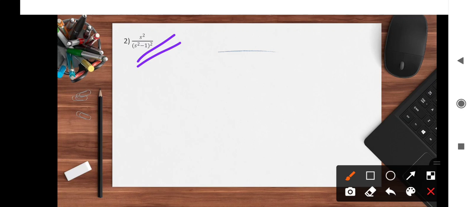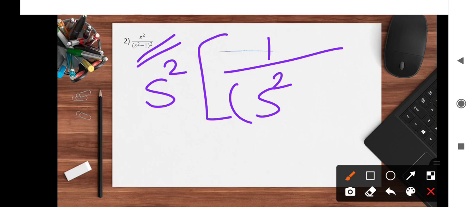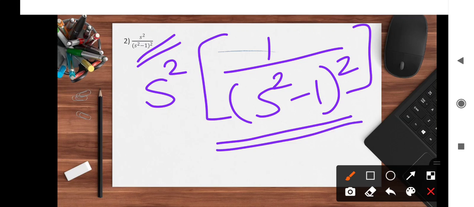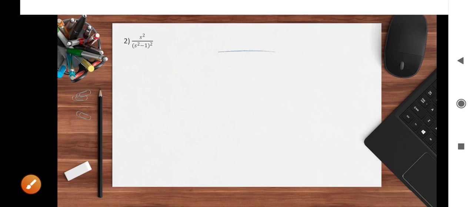So here we cannot write this function as s square into 1 upon (s square minus 1) bracket square, because if we consider this function as f bar of s, then it is not useful to find the inverse LT of this function. So you have to choose some other method to reach the final answer.